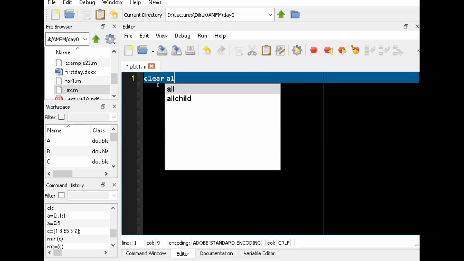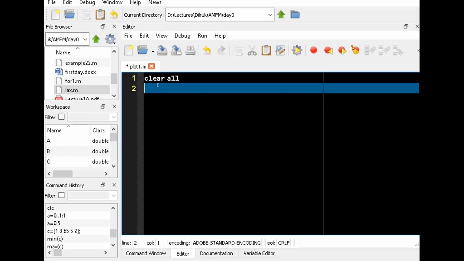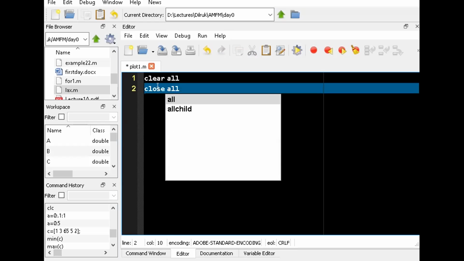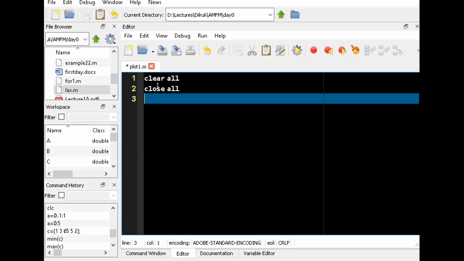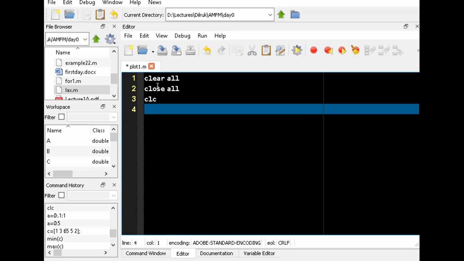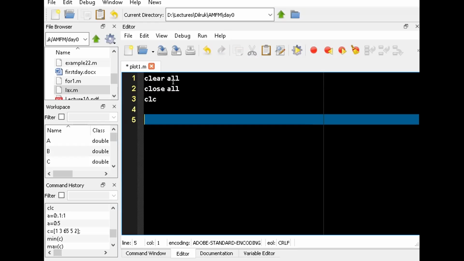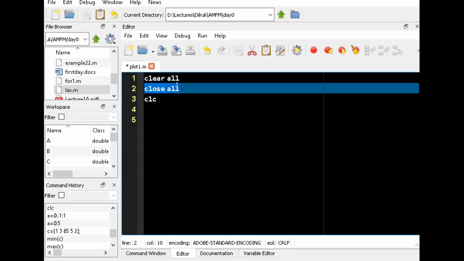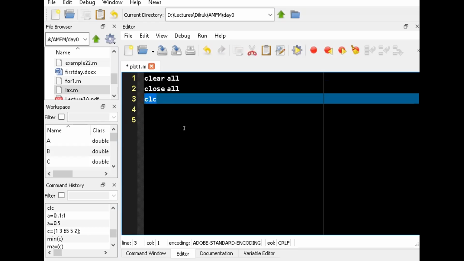Clear all, and close all windows with close all, and clear the screen with clc.